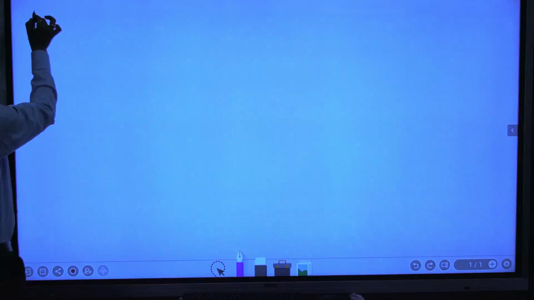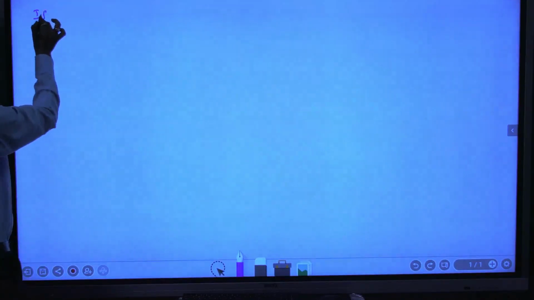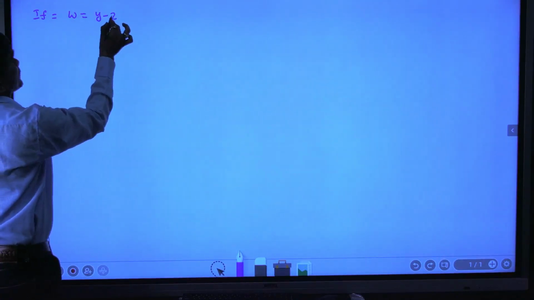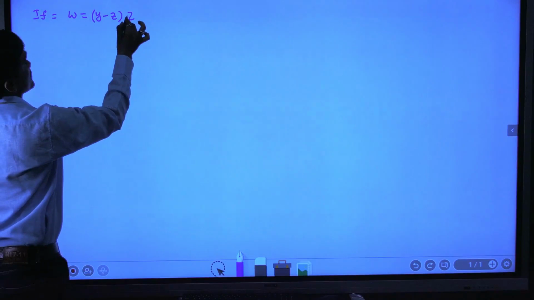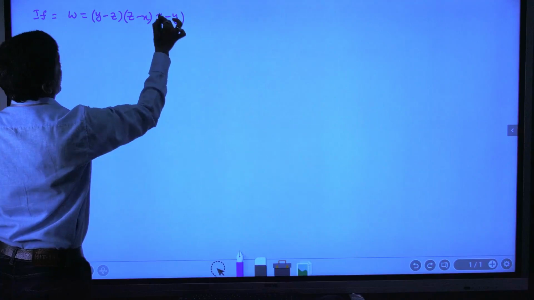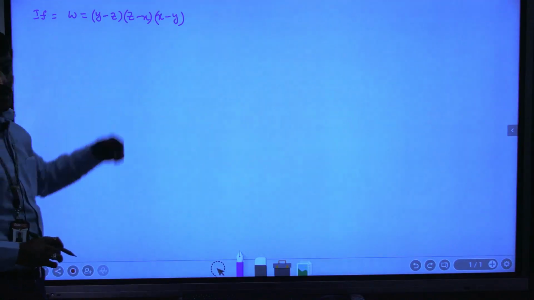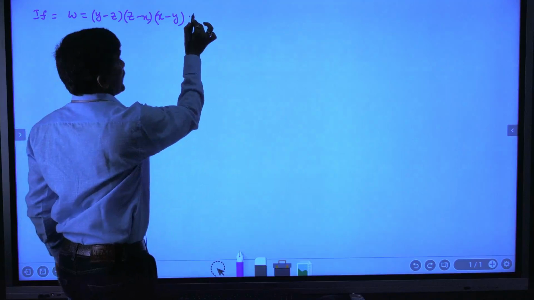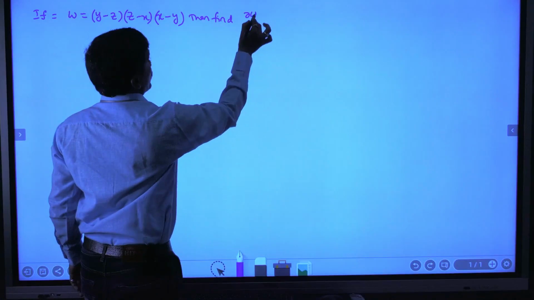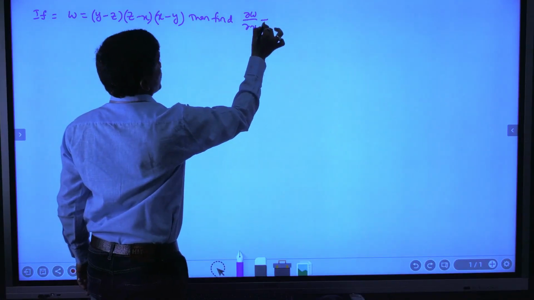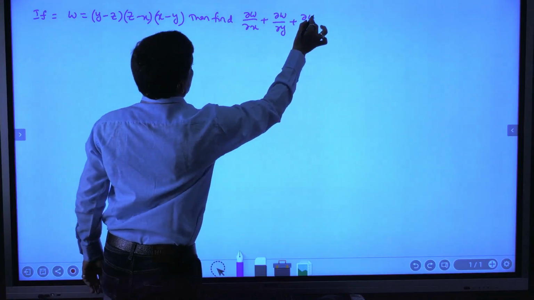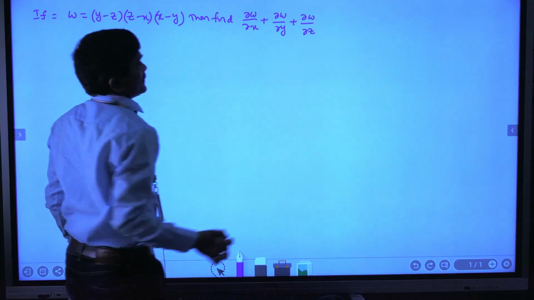Now here, if w is equal to (y − z)(z − x)(x − y), then find ∂w/∂x + ∂w/∂y + ∂w/∂z.